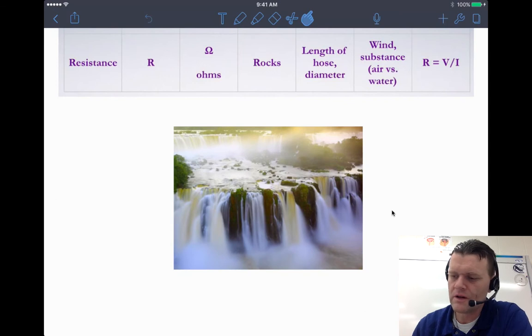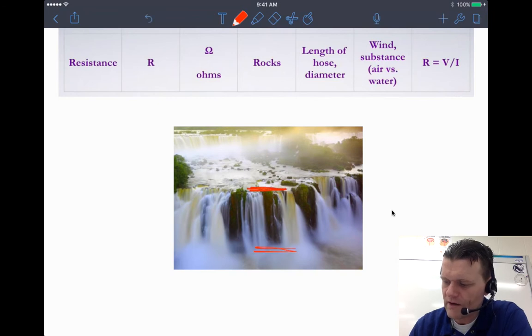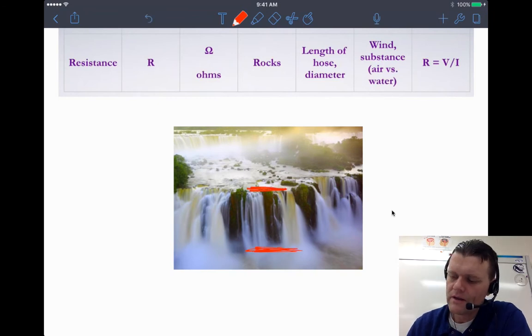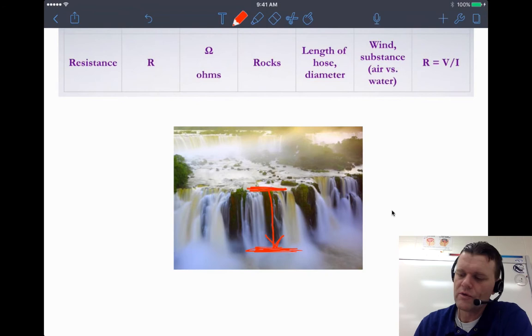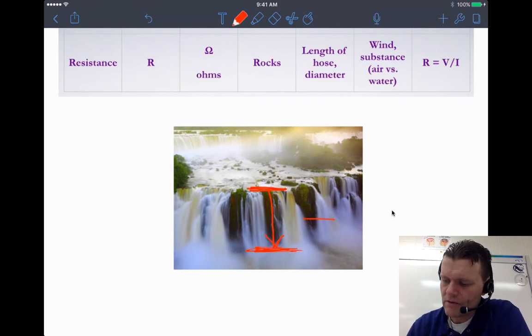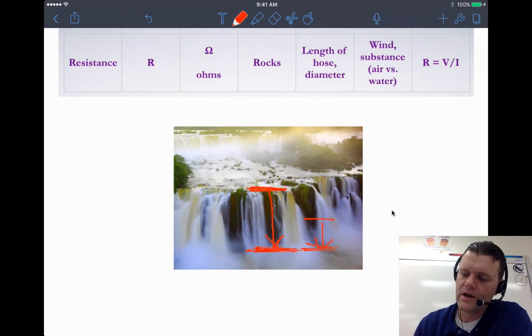What that really means is, if you consider the height of the waterfall from there to there, the water has high potential energy at the top, and then it converts that energy from potential energy into kinetic energy, or the energy of movement. So a waterfall that was only this high would not have as much energy at the bottom, or the water wouldn't have as much energy at the bottom as the higher waterfall.